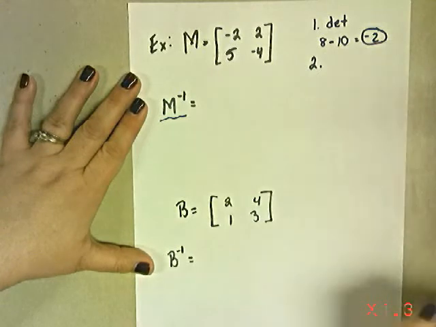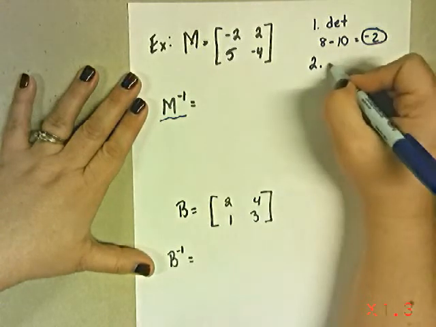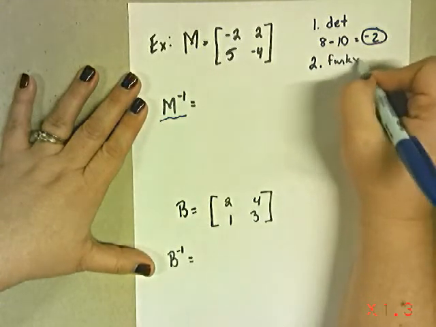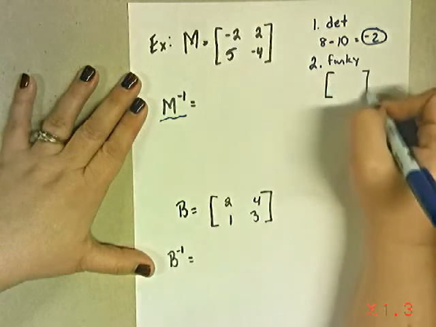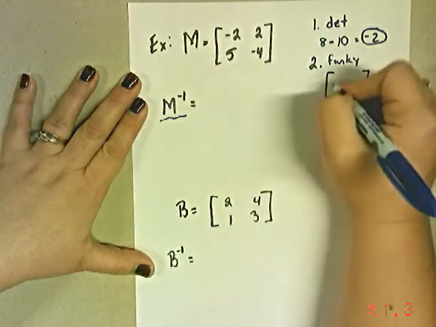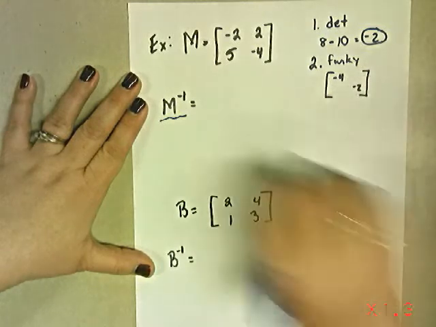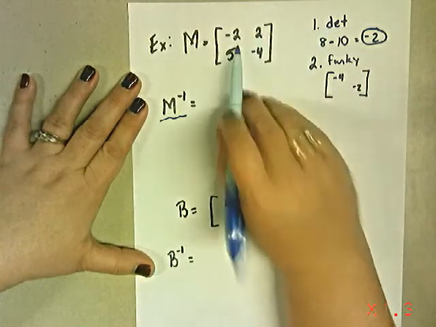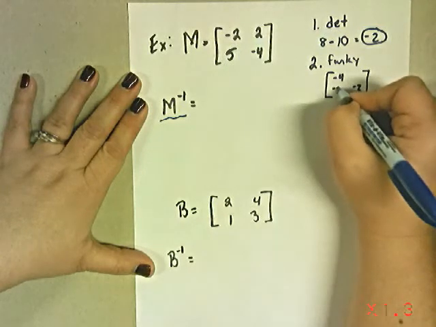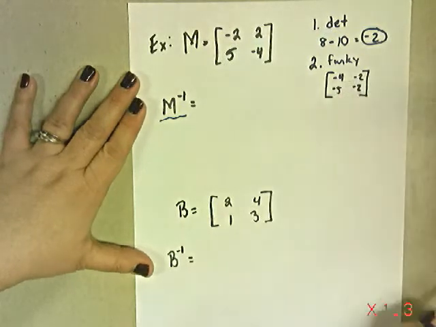Step number 2 is to make our funky matrix. And again, the way that you do that, you switch the numbers on the first diagonal. So that's -4, -2. And you change the signs of the numbers on the second diagonal. So this becomes -5, -2.